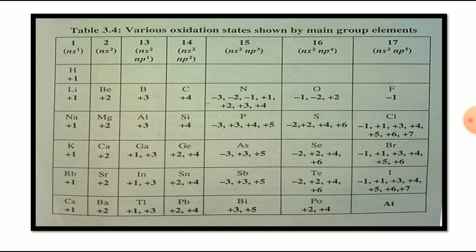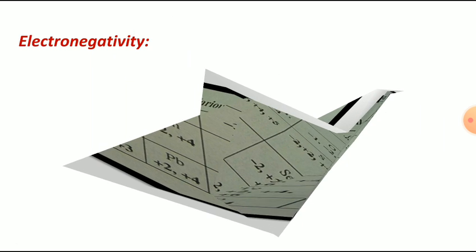See groups 1, 2, 13, 14, 15, 16, 17 and their electronic configurations, all the elements along with their oxidation states. So now, the electronegativity of the main group elements.